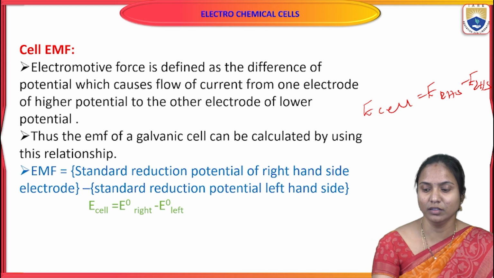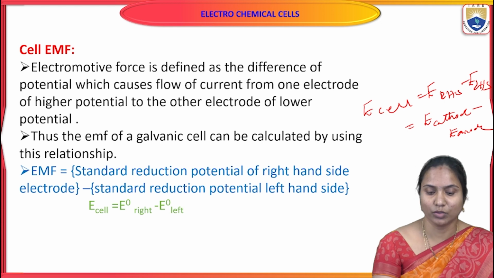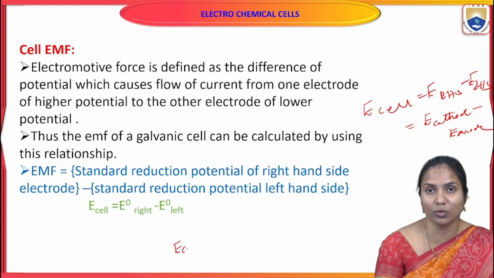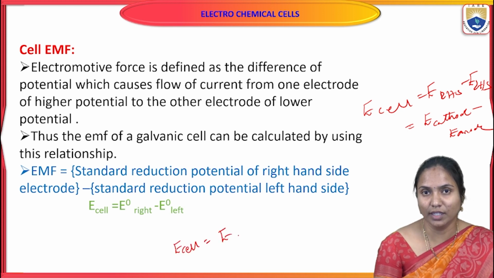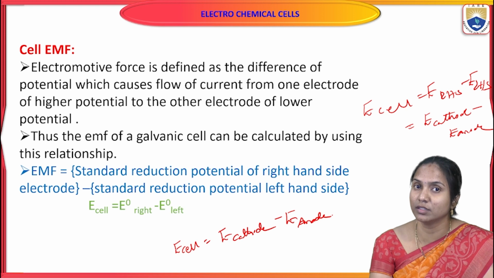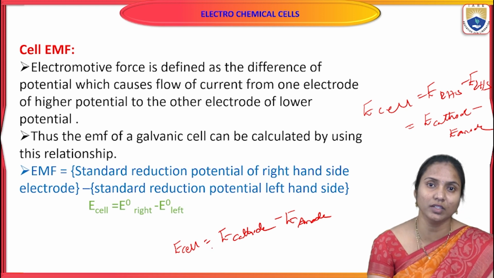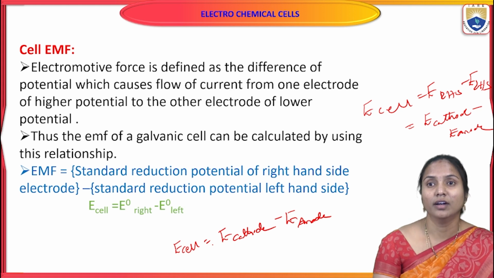So on the right hand side we take the cathodic reaction, and on the left hand side the anodic reaction. So what is the cell reaction? E cell equals E cathode minus E anode. Why? Because, as we just discussed in the representation of a galvanic cell, cathodic reactions are always written on the right hand side.